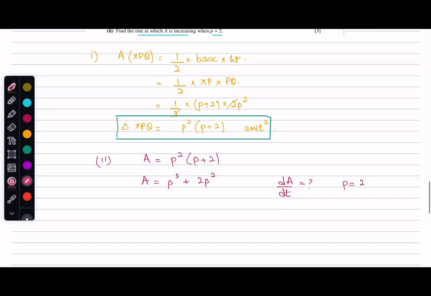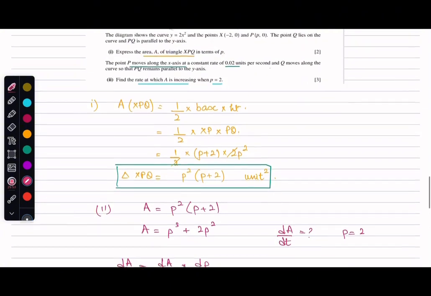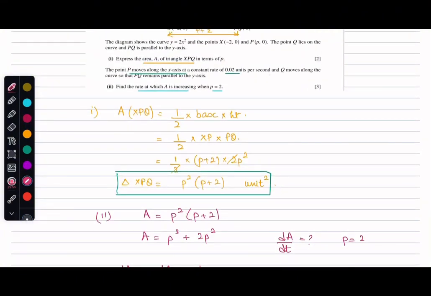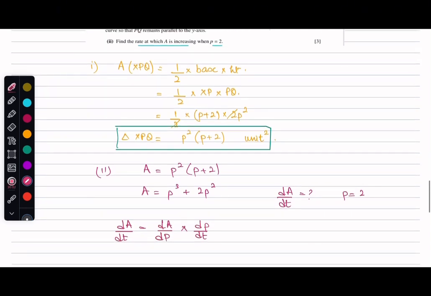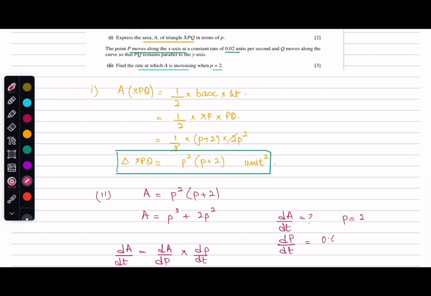So I can say dA by dt equals dA by dP times dP by dt, since the area changes with respect to P, and P changes with respect to time. They are saying that P moves along the x-axis at 0.02 units per second. That means they have given us the rate of change of P, dP by dt, which is equal to 0.02 units per second.